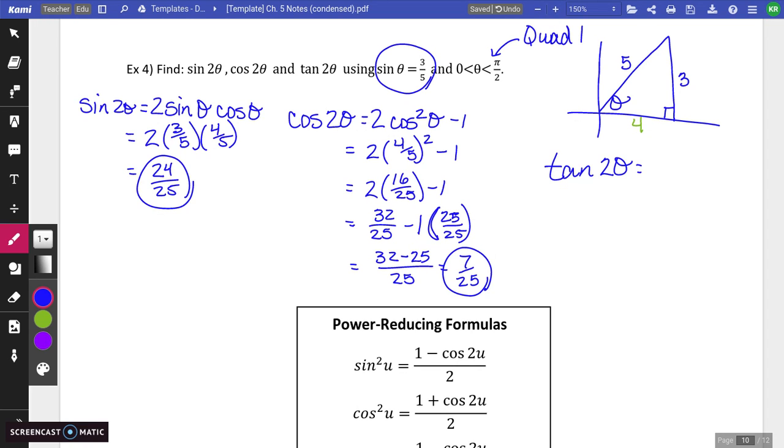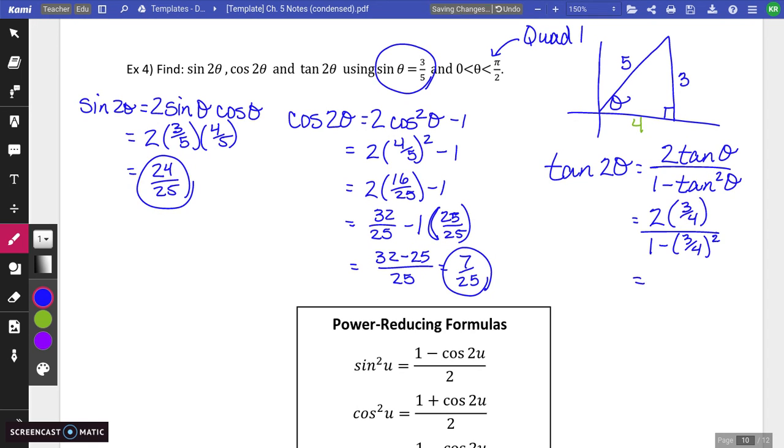Okay, and then tangent of 2 theta. Again, go back. Your equation for tangent is 2 tangent theta over 1 minus tangent squared theta. Tangent is opposite over adjacent, so that's going to be 3/4. And then I'll have 1 minus 3/4 squared.